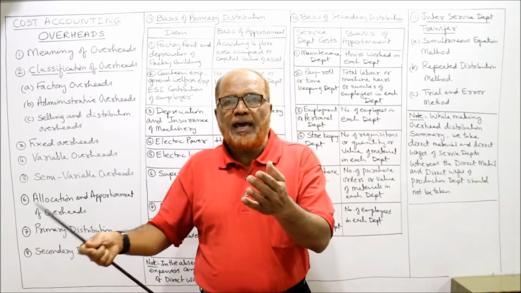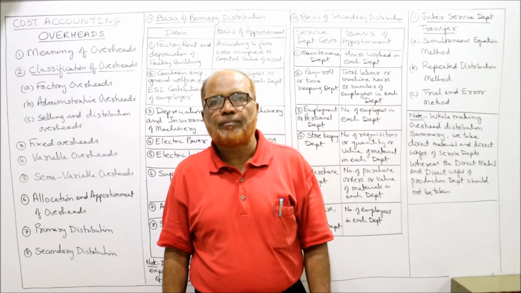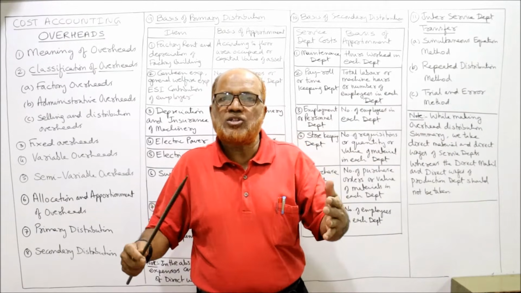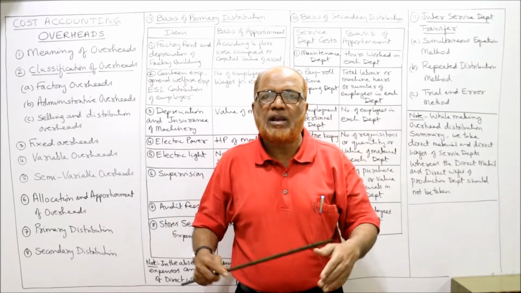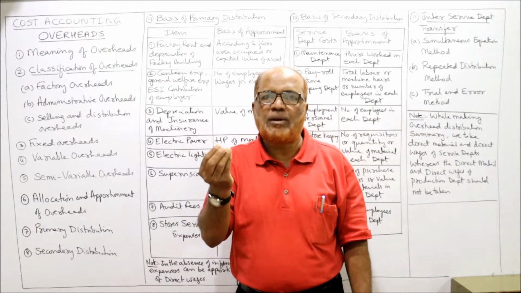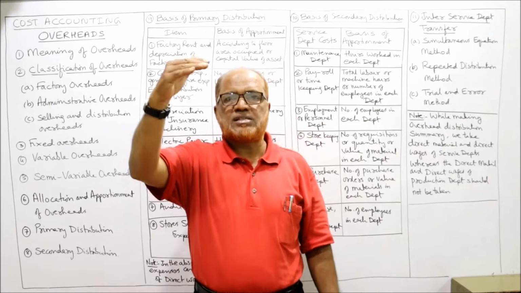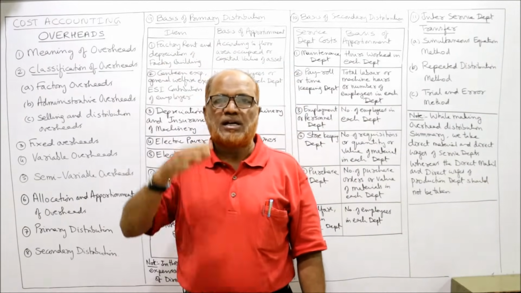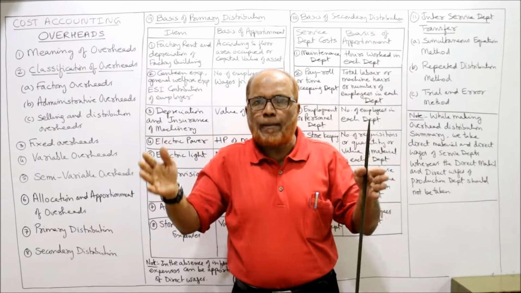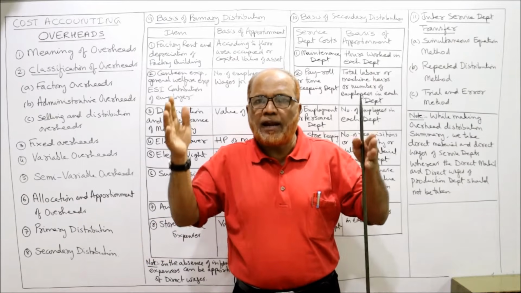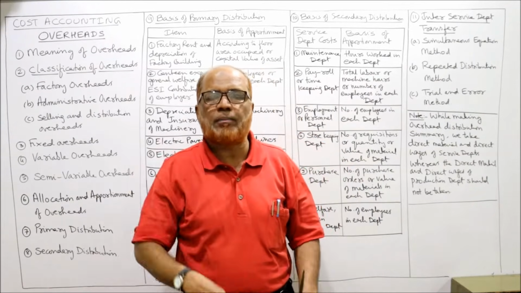For example, any overhead expenditure should be apportioned among all departments. Imagine in one building, in one premises, a company has 5 departments on 5 floors. First A, B, C are production departments, D and E are service departments. Now the rent of the complete building will be apportioned among all the departments.